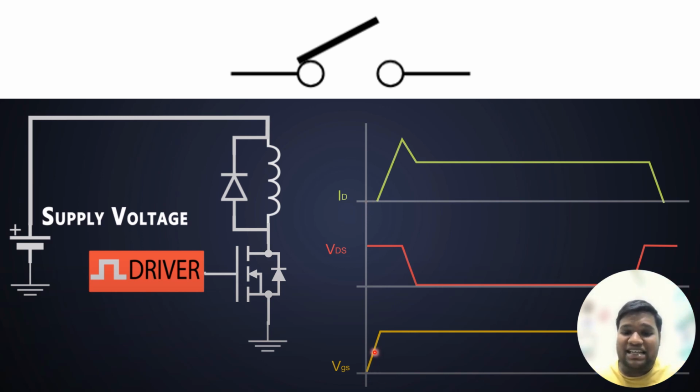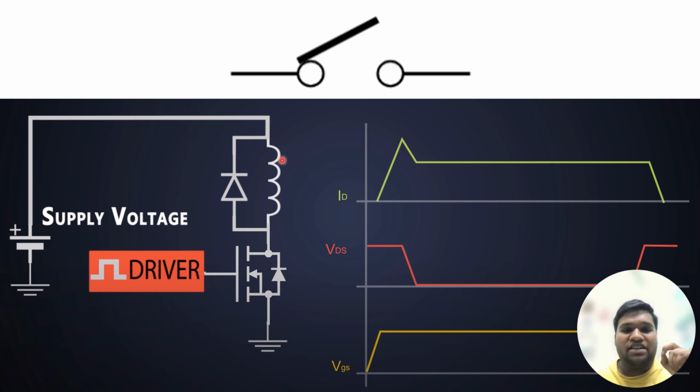However, once it's increased beyond the threshold, you can observe that the ID gradually starts to increase. Similarly, the VDS also starts to change constantly till a point.